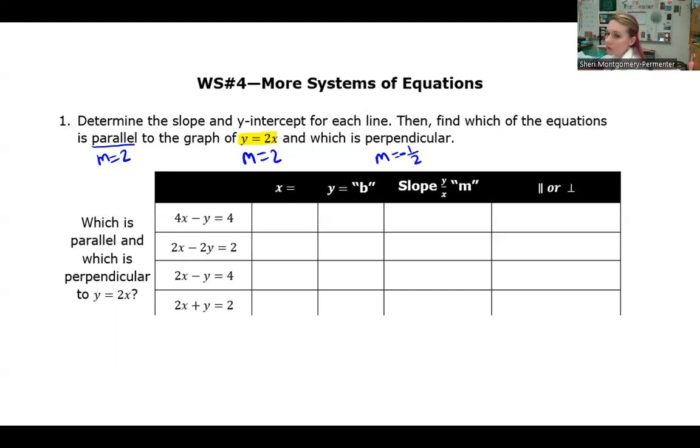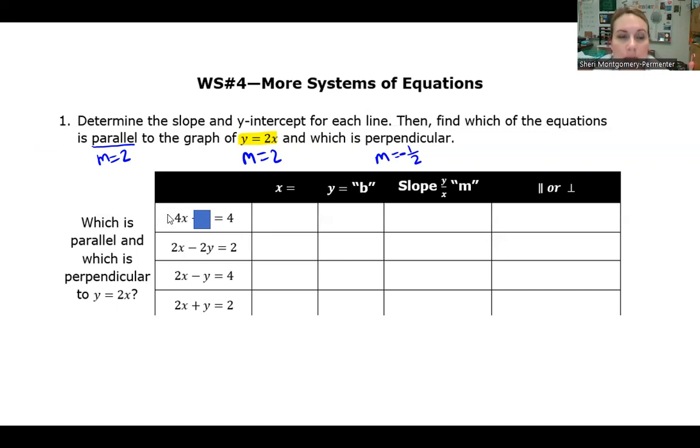So I'm going to go through the first 2 with you. As we figure these out, when they're written in standard form like this, you can cover up one part.